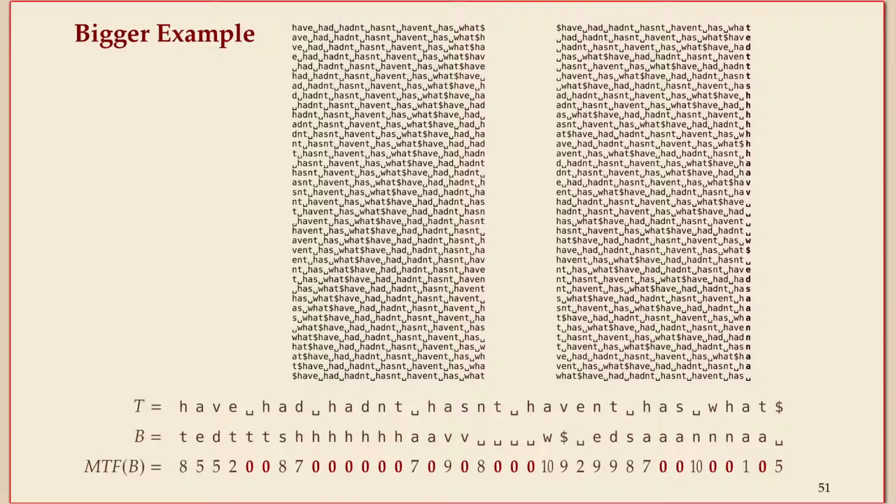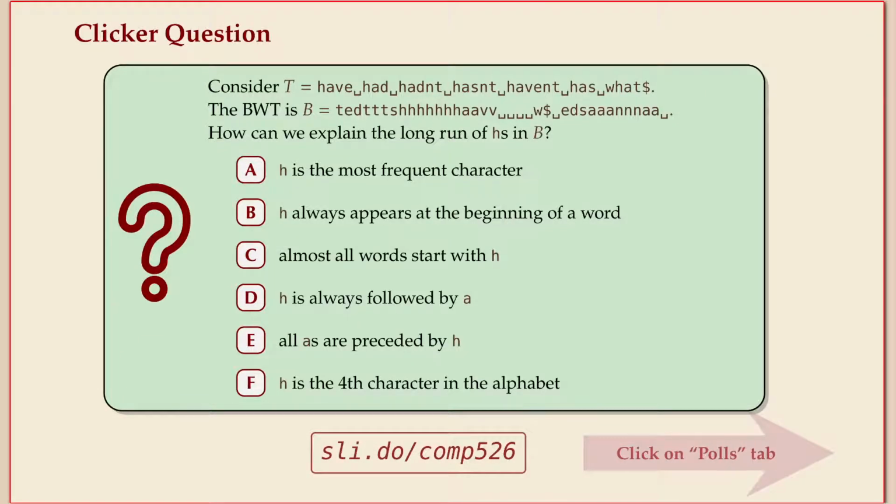Yeah, let me ask this question, and then that's the last thing for today. So, thinking from first principles on this example text: have, had, hadn't, hasn't, haven't, has, what, and its BWT, it contains this long run of H's, like this one. Not quite as long, but this. What does that really tell us?